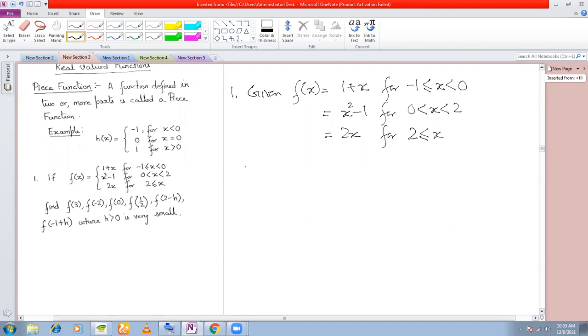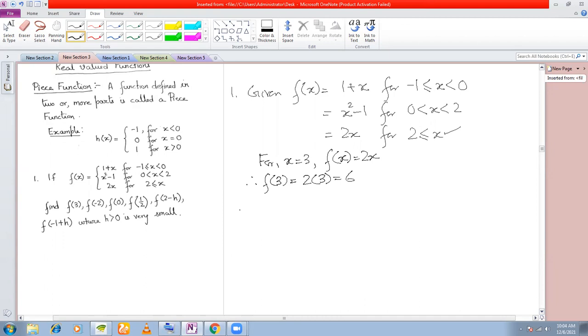Let us see the first one. So f(3) is equal to, now see, 3 lies in this interval, right? x greater than or equal to 2. So for f(3), let's write this way, for x is equal to 3, what is the value of f(x)? It is 2x, right? So therefore f(3) will be equal to 2 into 3, which is equal to 6.